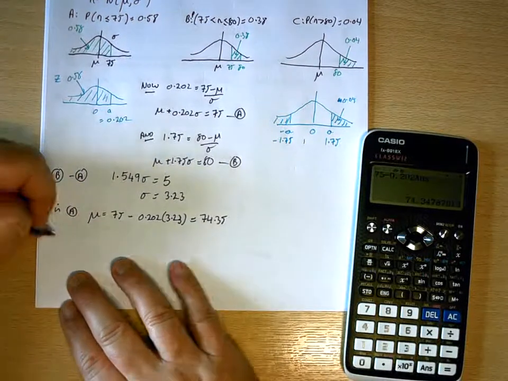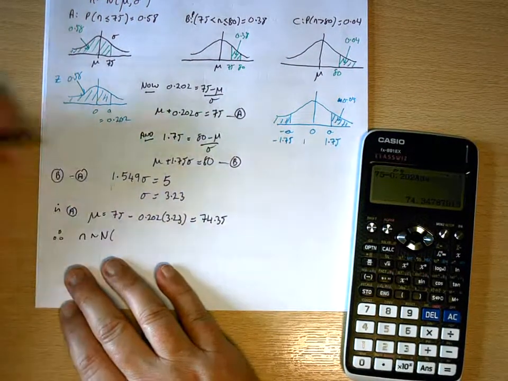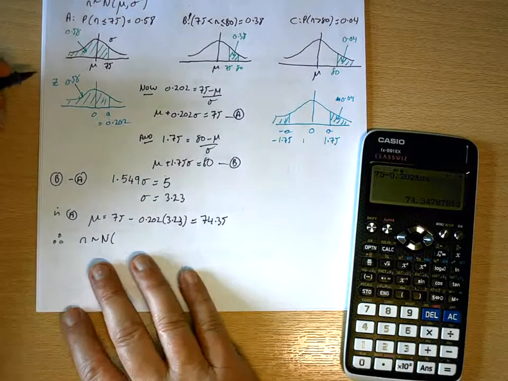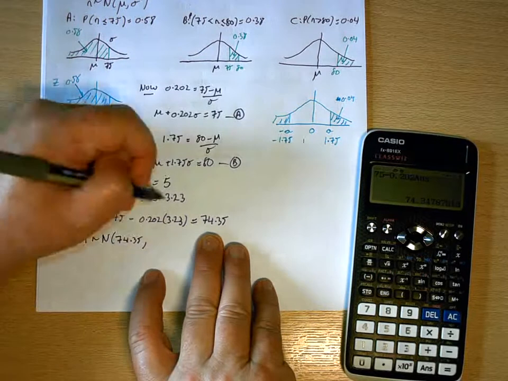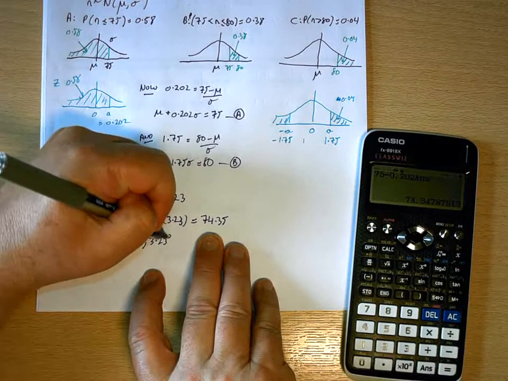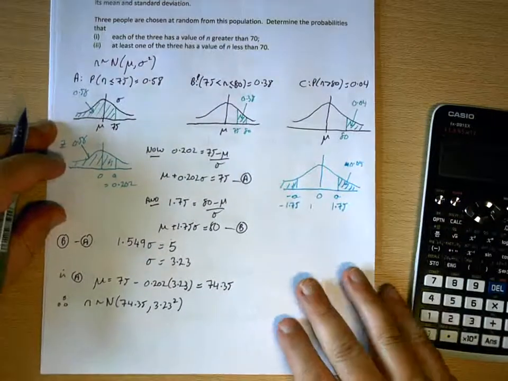Okay, so therefore my normal distribution n has got a mean of 74.35 and a standard deviation of 3.23. Let's go back to the question.